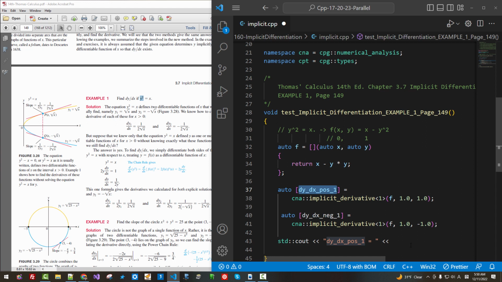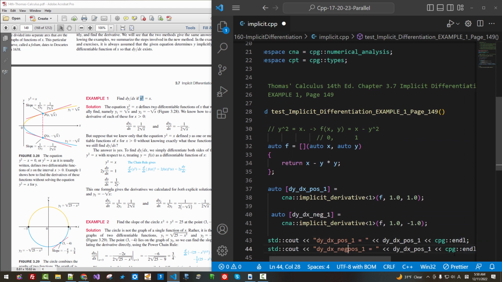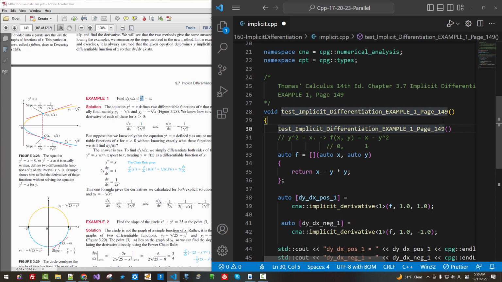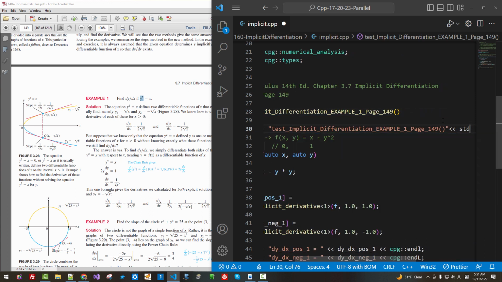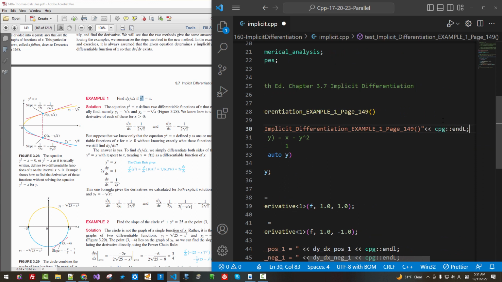We copy this, paste, cpg, and endl. Copy, paste, negative 1, negative 1, cpg, and endl. Or we can say copy, paste, std::cout, std::endl.